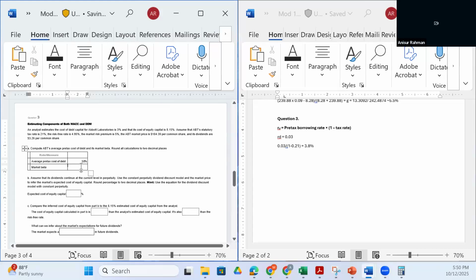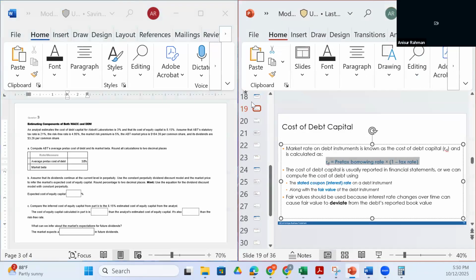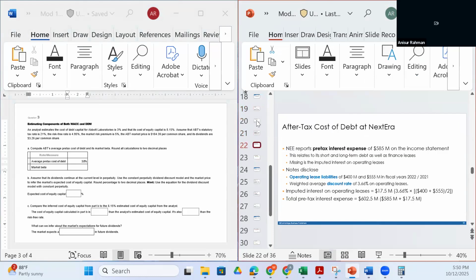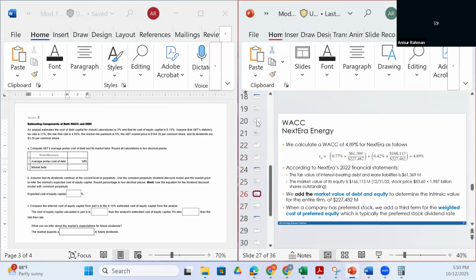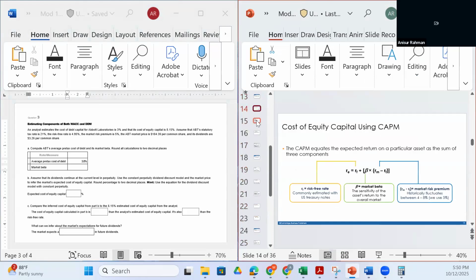Now market beta. Market beta depends on our cost of equity formula. We can calculate cost of equity capital using CAPM, and you have seen this model many times in other classes.